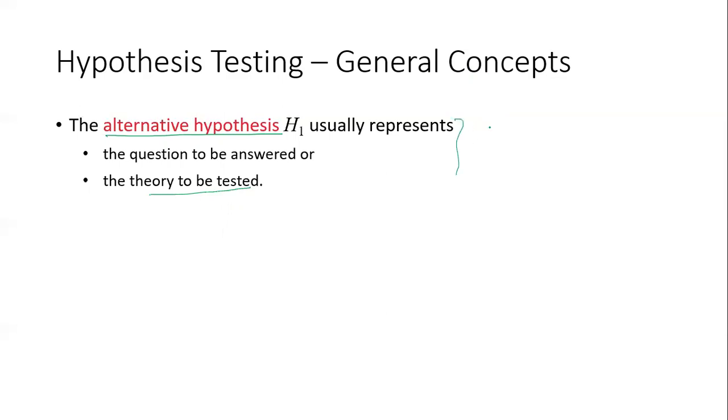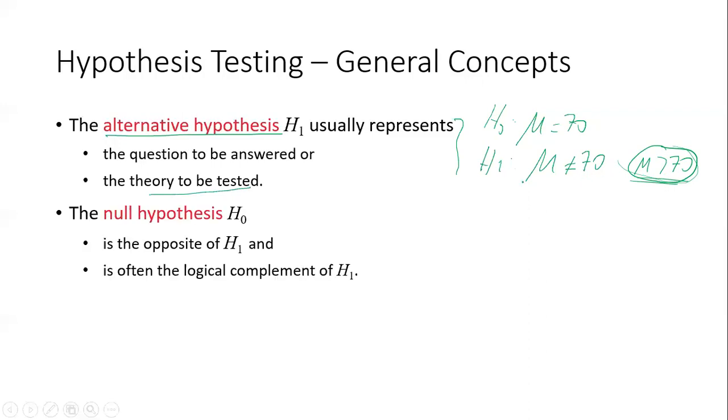Well, this does not mean too much when we are talking about this type of hypothesis where you have H0: mu is equal to 70 versus H1: mu is not equal to 70. In the future, we will have some hypothesis which is like mu is greater than 70, okay? Then this will have some practical meaning. Then you will try to put the thing that you want to prove in the alternative hypothesis, which is something like greater than or smaller than. But in our cases, well, it's not a big deal, okay?